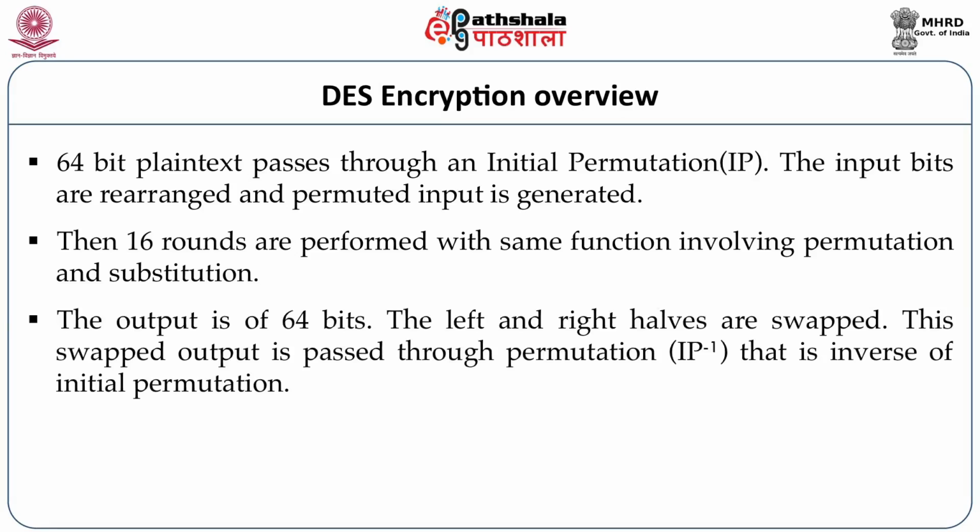The left and right halves are swapped, meaning the 64-bit output would be divided into 32-bit halves, the left part and right part, and they would be swapped. The swapped output is passed to the inverse permutation, and that is the inverse of the initial permutation as we discussed.